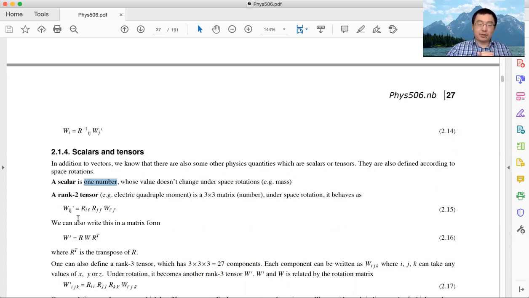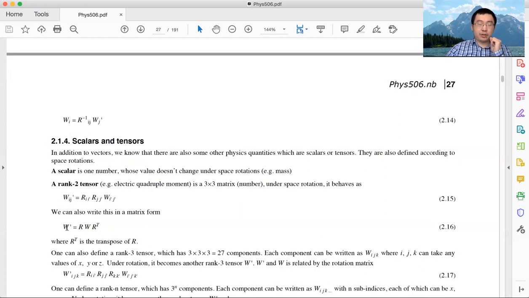Under spatial rotation, this tensor W becomes tensor W prime, and W and W prime are related by the same rotational matrix as for vectors. R is the same rotational matrix we used before, but we need to multiply two of them. One of the R rotational matrices is multiplied for the j component, the second index of this tensor. The other one is for the first index of the tensor. And we can rewrite this into a matrix formula.